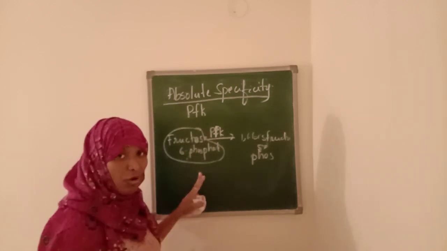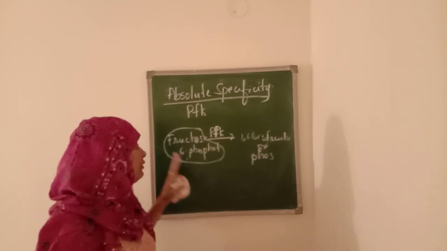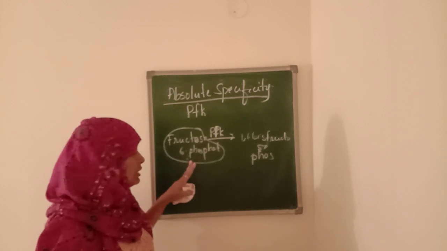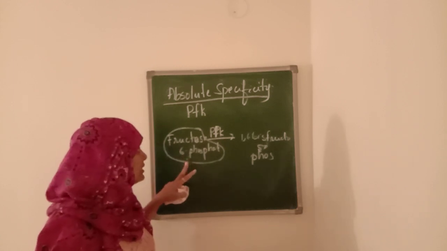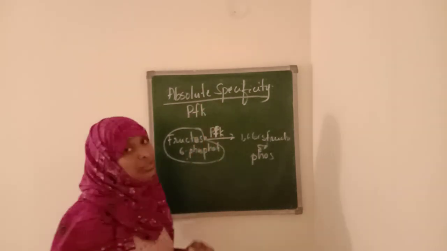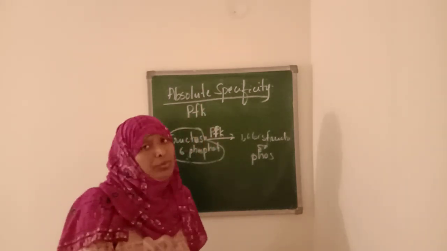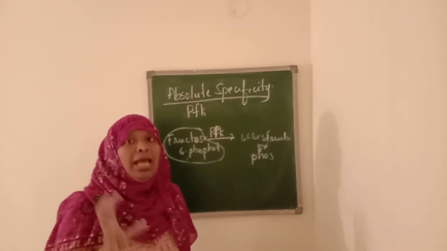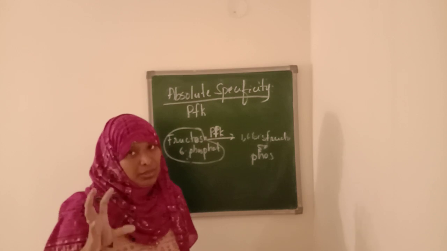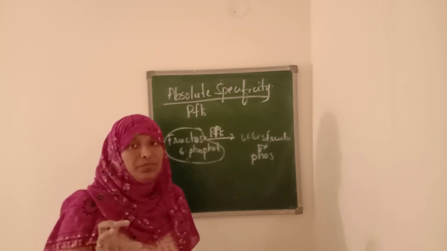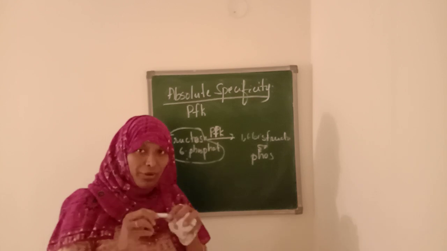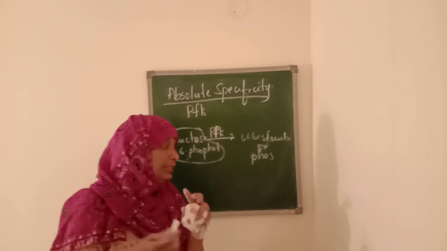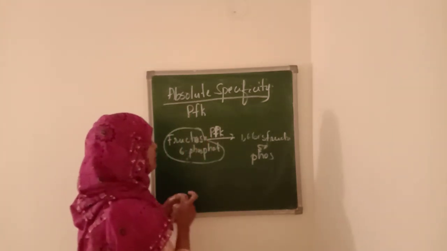This enzyme does not bind to any other molecule. This is an example of absolute specificity. That means only to that molecule it will go and bind. It is like your lock and key: only that particular key can open that lock, and it won't be opened by any other key. That is known as absolute specificity.